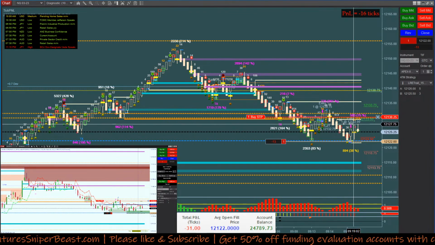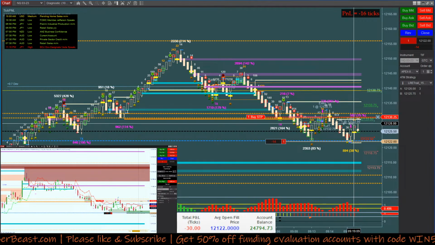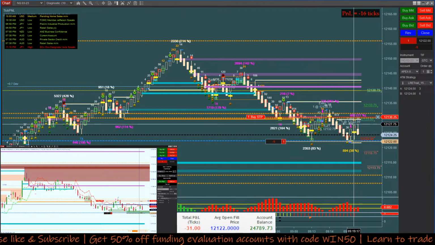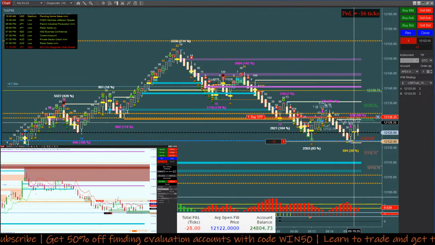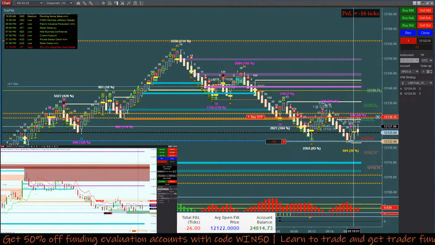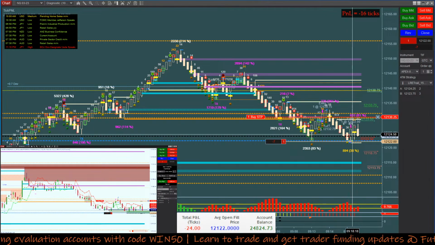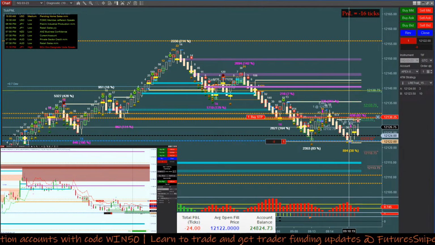We'll see here. It's testing those clusters to the left, or it did. Let's see if it wants to go now, or if it wants to keep chopping on me.